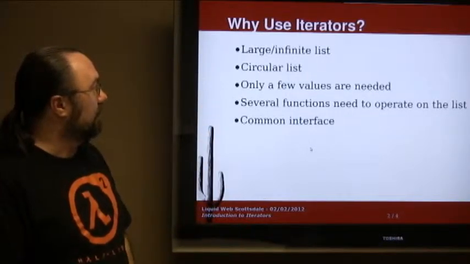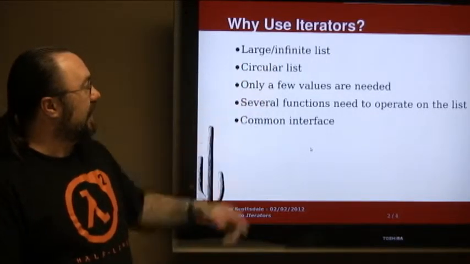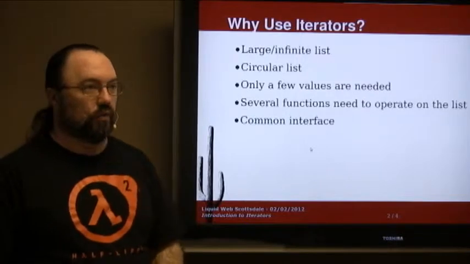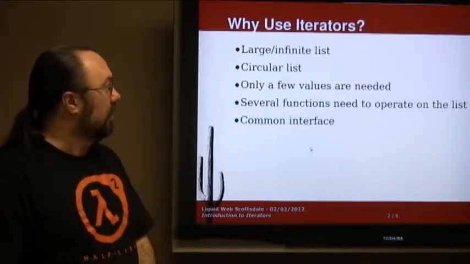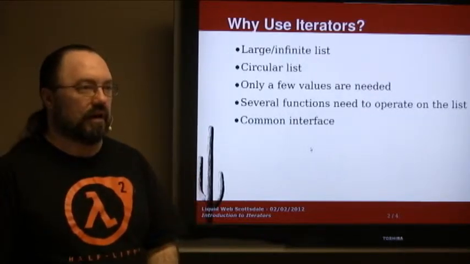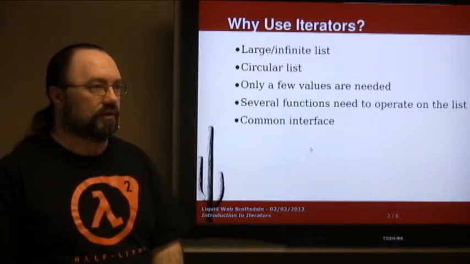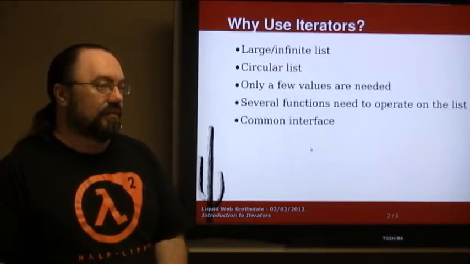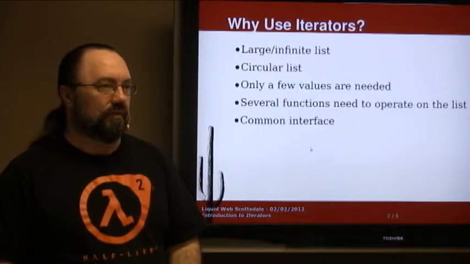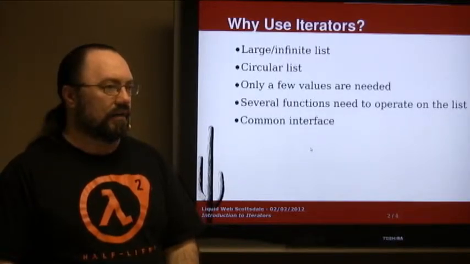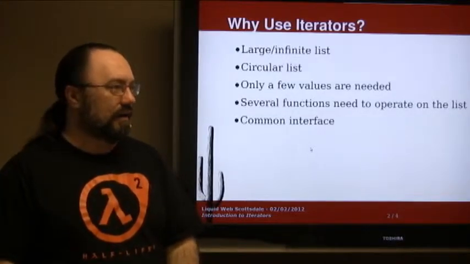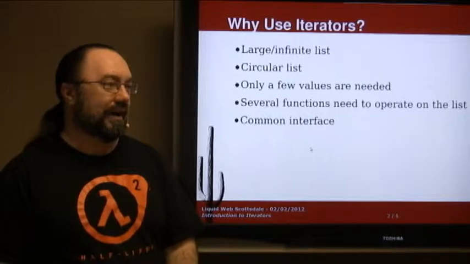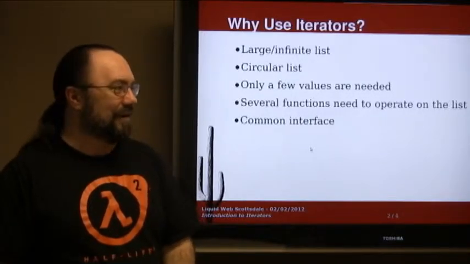Okay, why would you want to do such a thing? Well, let's say you had a large or an infinite list. One of the examples while I was doing research for putting this together was, say you wanted to have some sort of interface to the Unix yes command. Well, if you tried to open a pipe to it and stick it in an array, guess what happens?